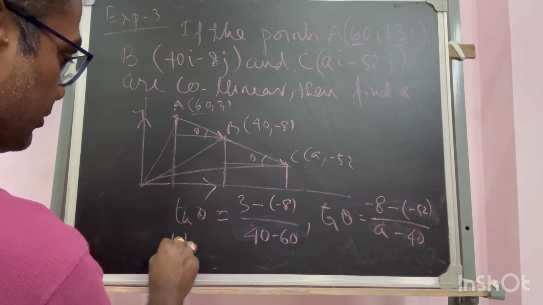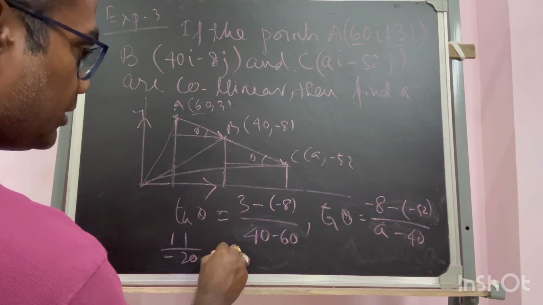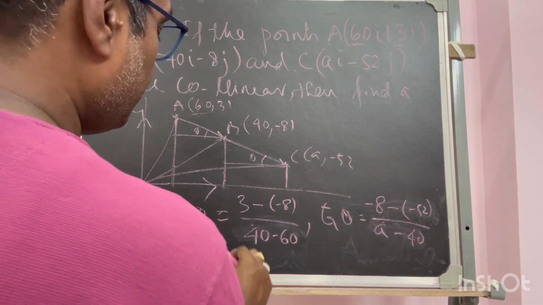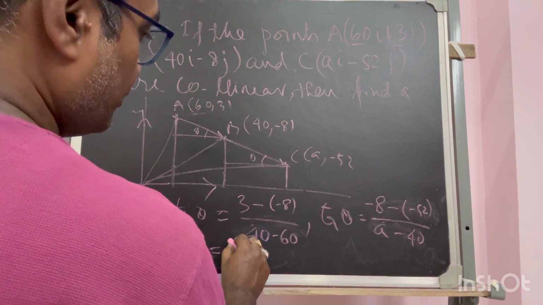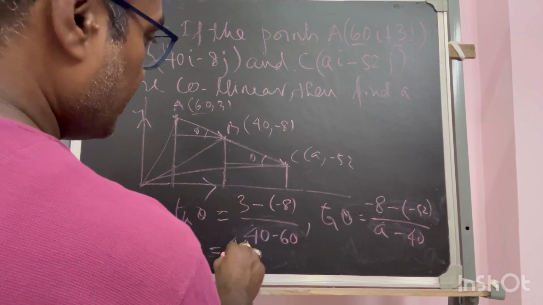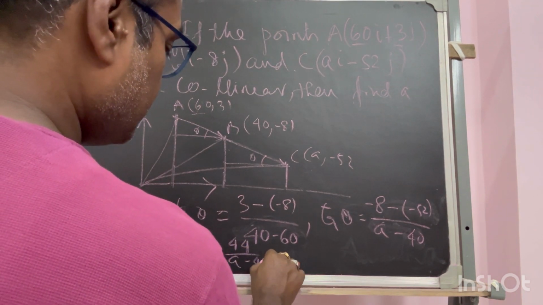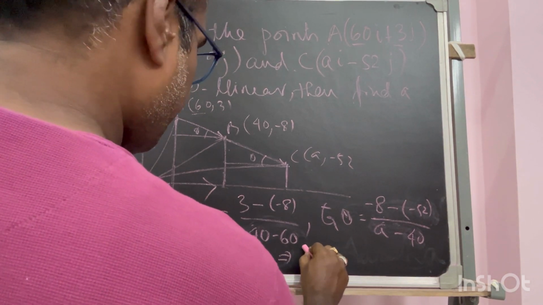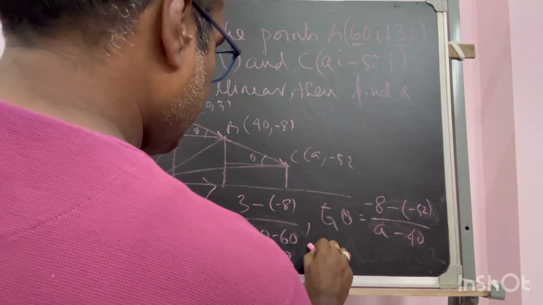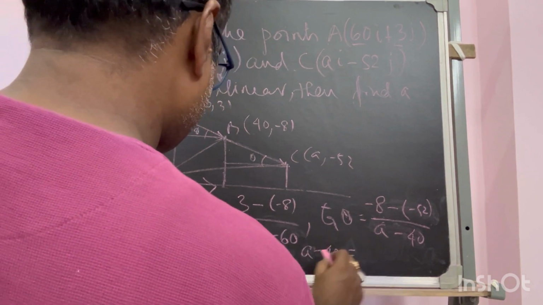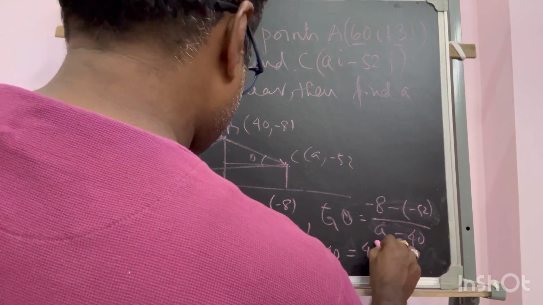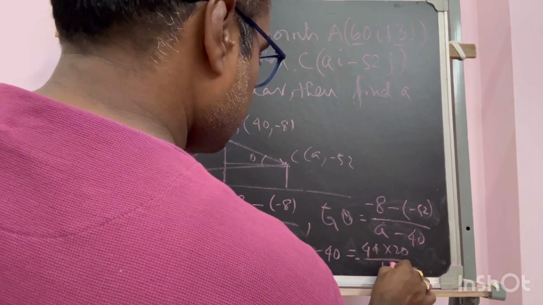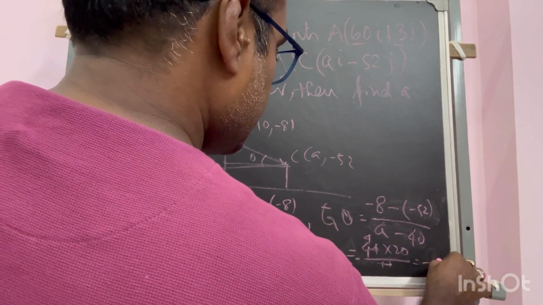So it is 11 upon minus 20 here, and this is equal to 52 minus 8, that is equal to 44, I suppose. Yeah, 44 divided by A minus 40. So from there, if I calculate, it will be 11 into A minus 40, that is equal to 44 into 20 divided by 11, and that will be minus 4, that will be minus 80.